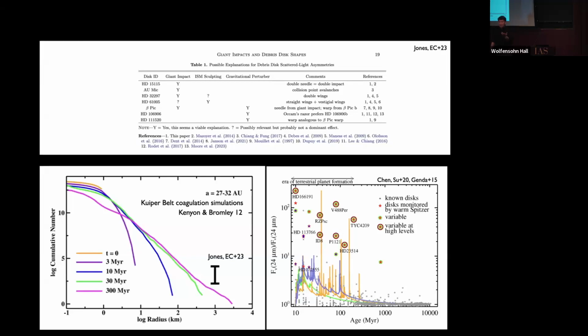And the calculation is uncertain. It depends on the window of observability, right? How long this signature can be observed for. I can get answers ranging anywhere, depending on the system, between 10 to the 4 years and 10 to the 7 years. And that should be compared to the ages of the system, which are 10 to the 8 years. So what's the reservoir, the source population?